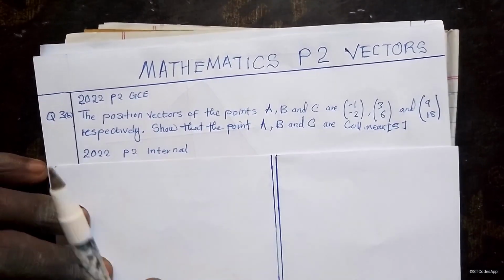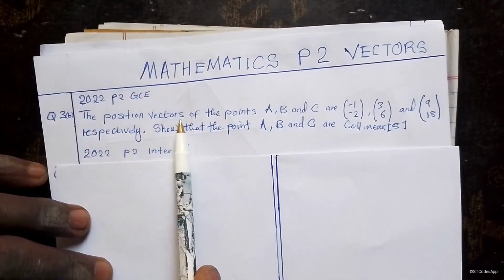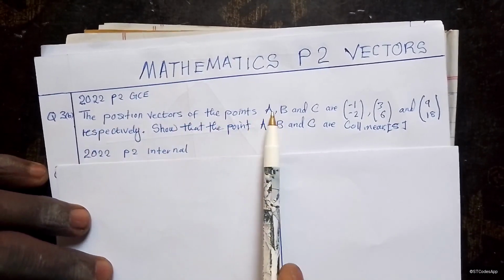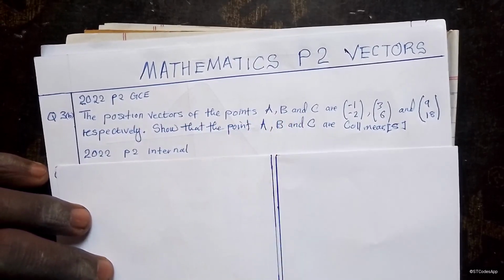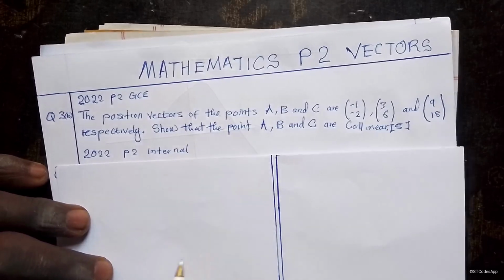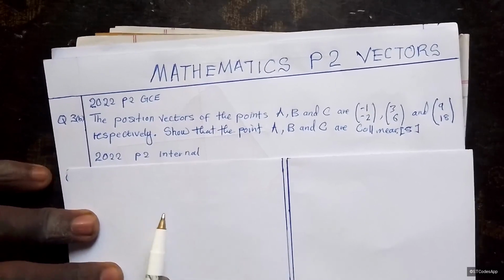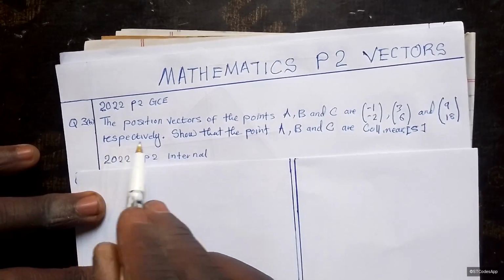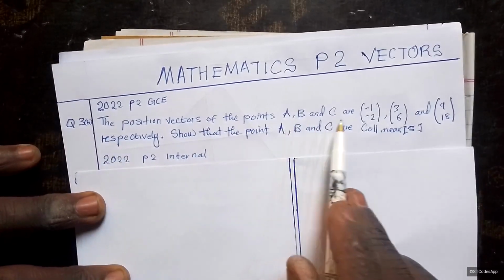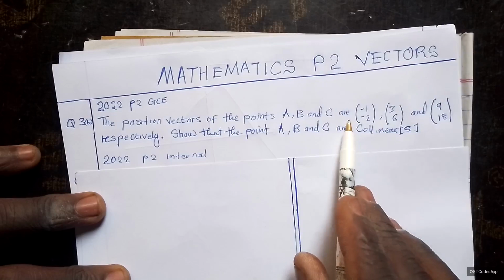The question is: the position vectors of the points A, B and C are (-1, -2), (3, 6) and (9, 18) respectively. They have used the word respectively, so we are going to take the points according to the way they have arranged them.